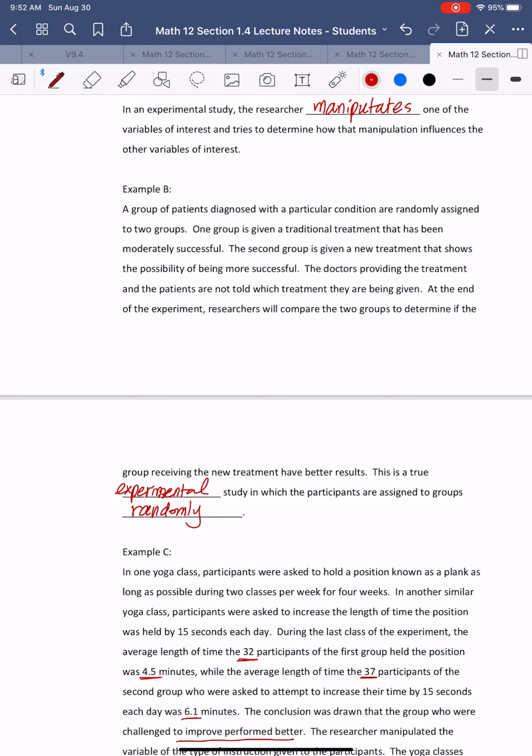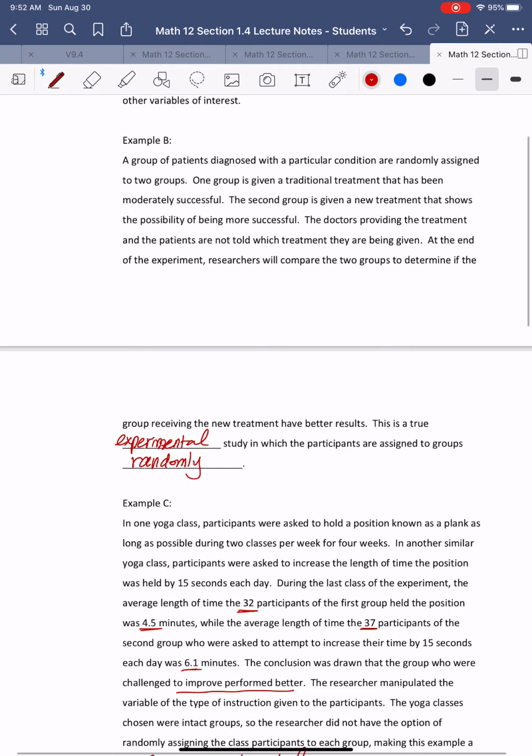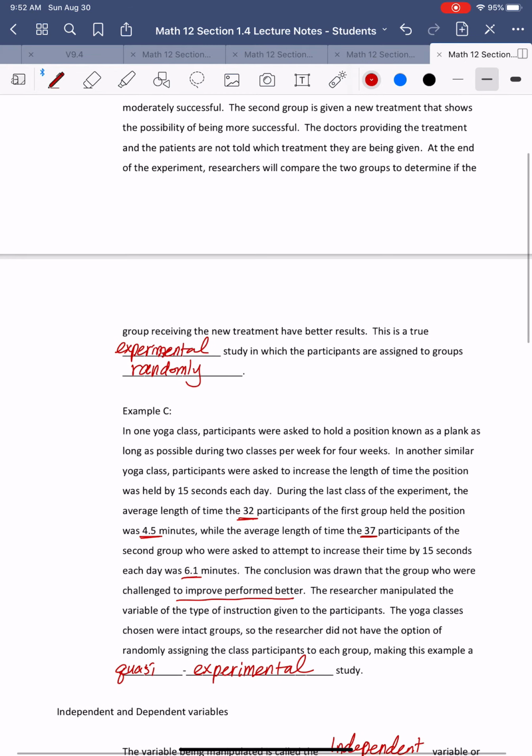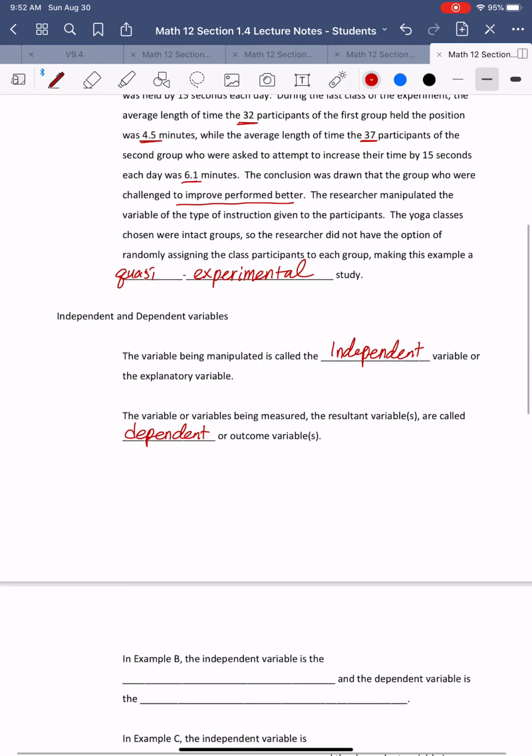The doctor providing the treatment and the patients are not told which treatment they are being given. At the end of the experiment, the researcher will compare the two groups to determine if the group receiving the new treatment has better results. This is a true experimental study in which the participants are assigned randomly.